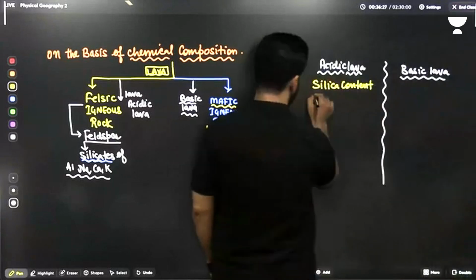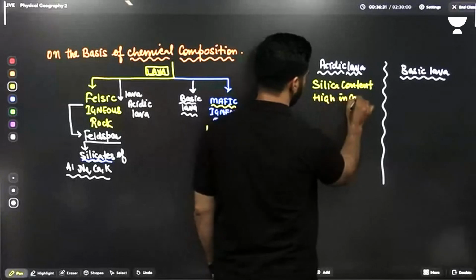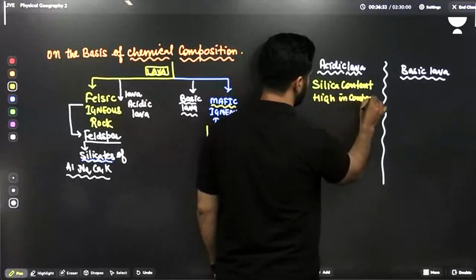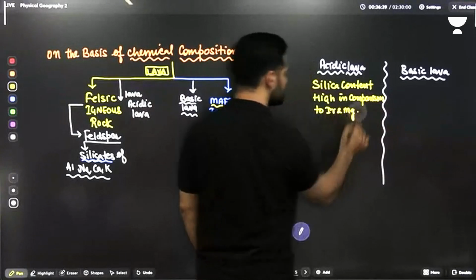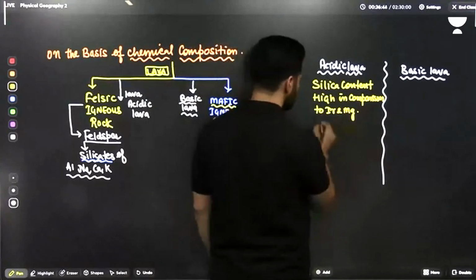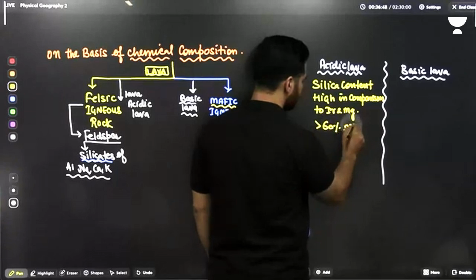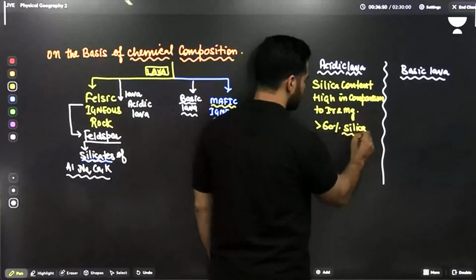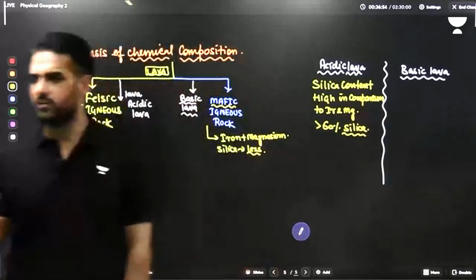Silica content is high in comparison to iron and magnesium. Okay. It means generally how much do we take? As given in books, silica content is greater than 60%. That is enough to understand in GS. And iron and magnesium is less than 30%.